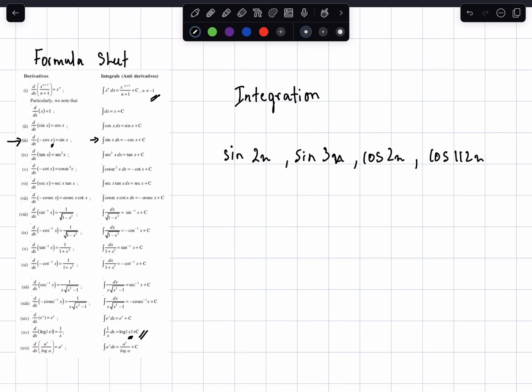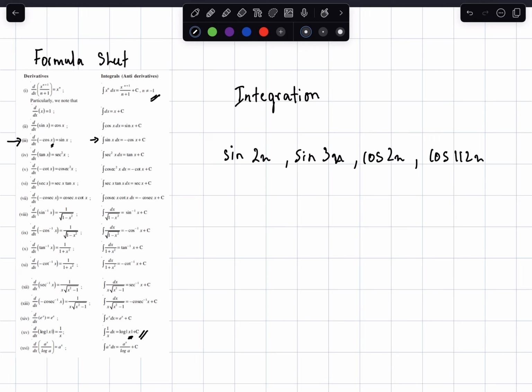Simply do this: take the differential. Whenever you differentiate sine, you get a cosine, negative or positive, don't worry about that. It always converts to a cosine, kind of like complements. If you differentiate cosine, you get a sine.